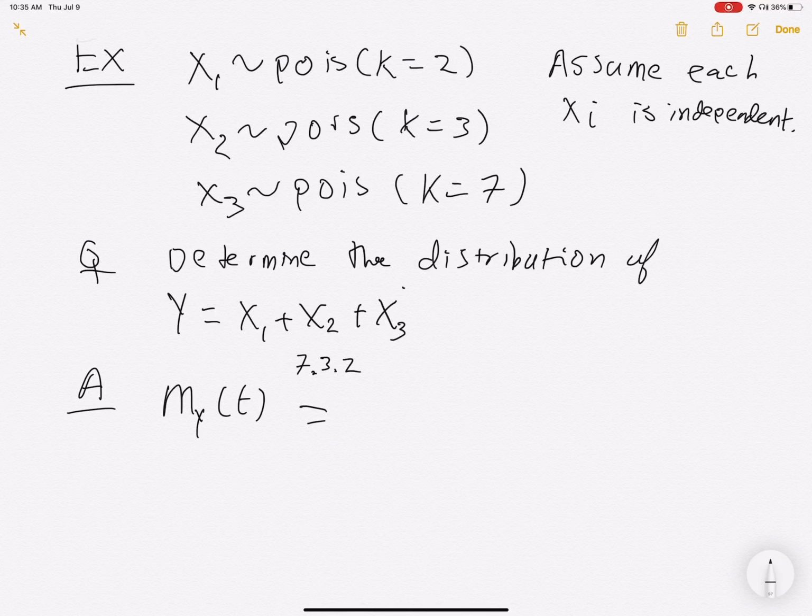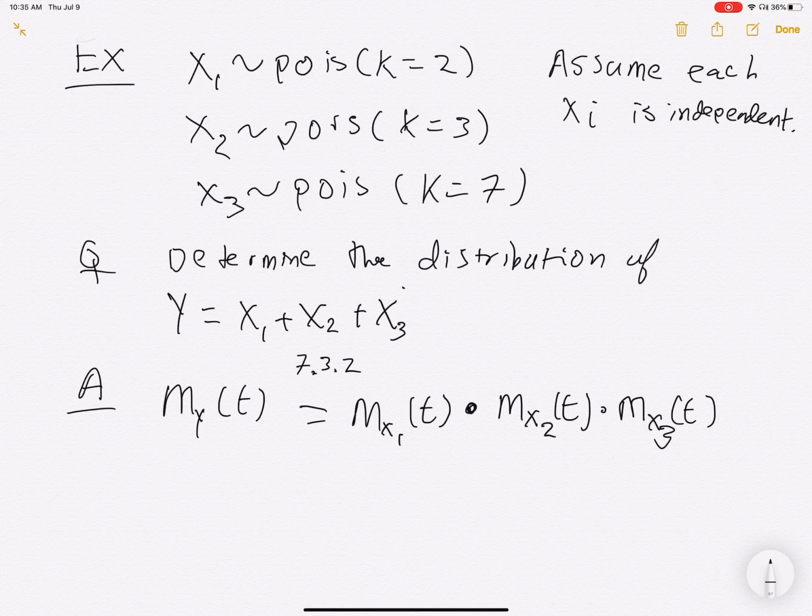And that says that the moment generating function of Y is the moment generating function of X1 of t times the moment generating function of X2 of t times the moment generating function of X3 of t.